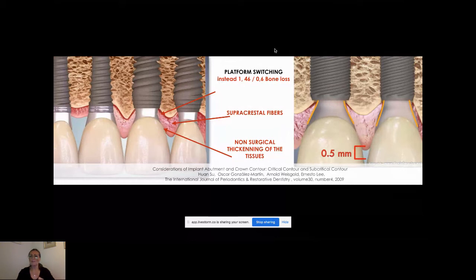Now, on top of it, if you look at the right picture and animation, we designed the emergence profile in an S-form shape, which is a concave-convex profile. And we respect the physiologic distance for a contact point between two crowns in order to be able to design and stretch, let's say, the amount of soft tissue gained into that triangle between the crowns.